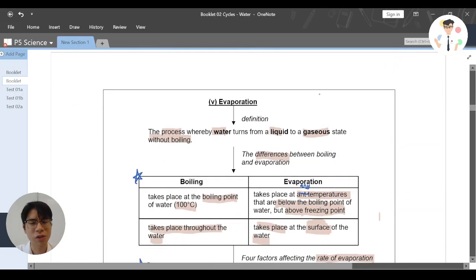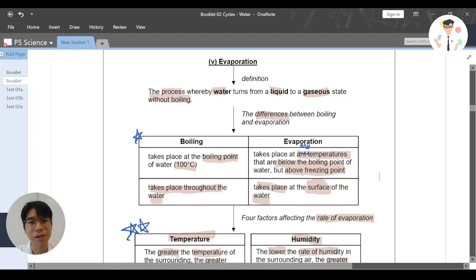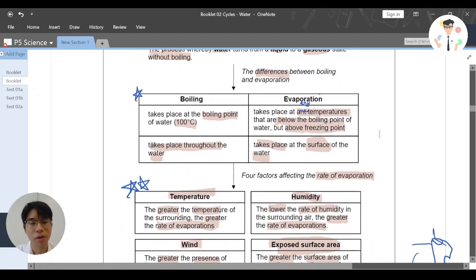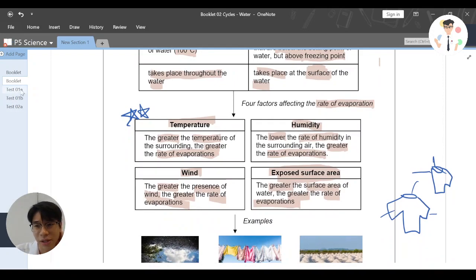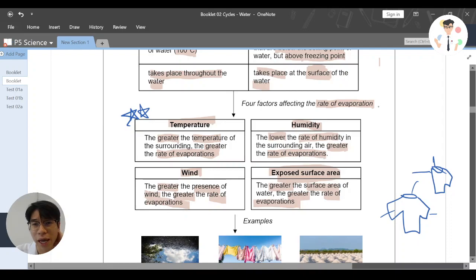So the best possible answer is evaporation. And since you are testing whether the amount of water left is a lot or lesser, you should think of the 4 factors affecting the rate of evaporation: temperature, humidity, wind, and exposed surface area.